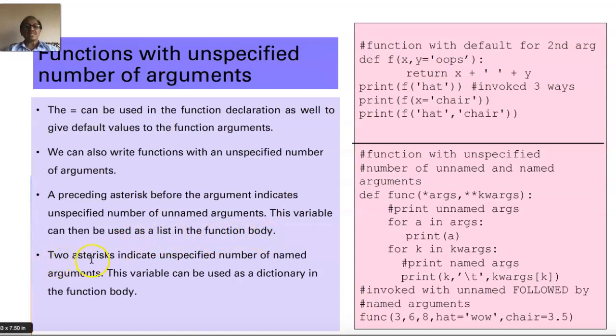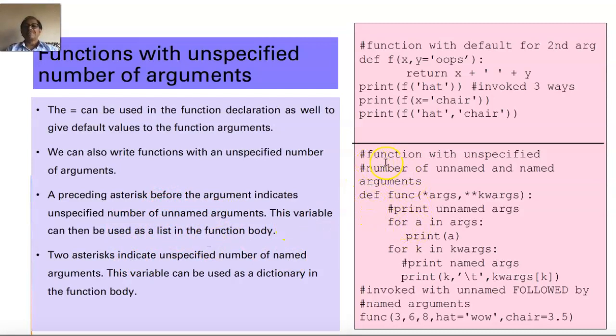If you use 2 asterisks, that indicates an unspecified number of named arguments. Remember, unnamed and named. So you are going to give names for those arguments. Names are already given there. So the difference is 1 asterisk, 2 asterisks. We are going to look at these two in this program.